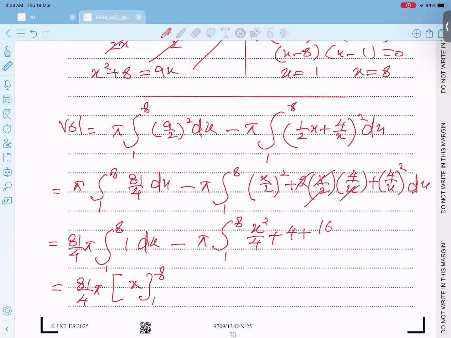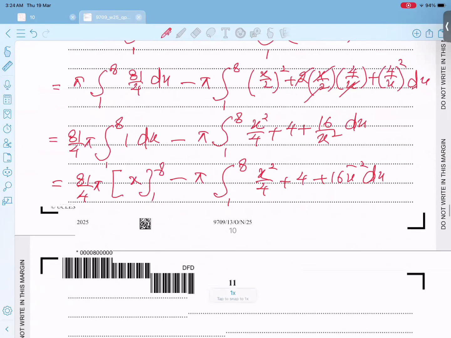And here 16 over x square and dx. Is the question ready for integration? Not at all. I have to bring x up. A number, no need to bring it up, but a variable, we are bound to bring it up. And then I will integrate. So this is the same, this is the same, but here I'll bring it up. Now our question is ready for integration.